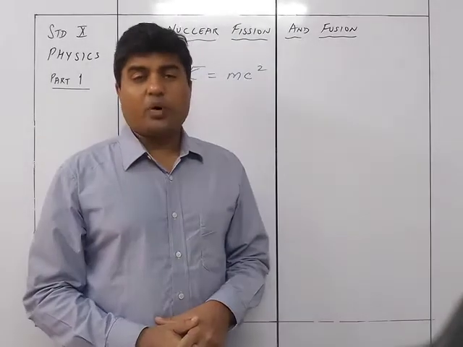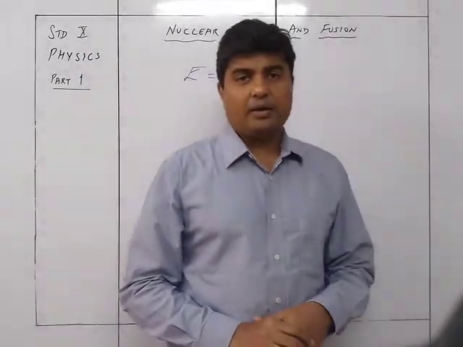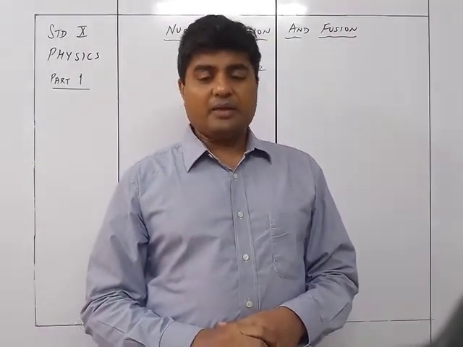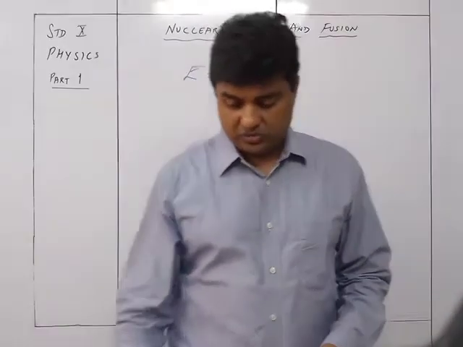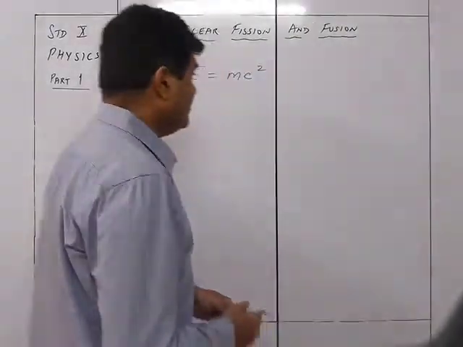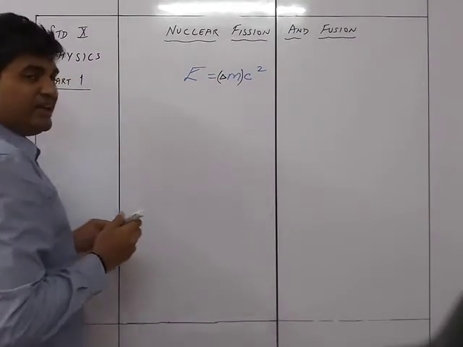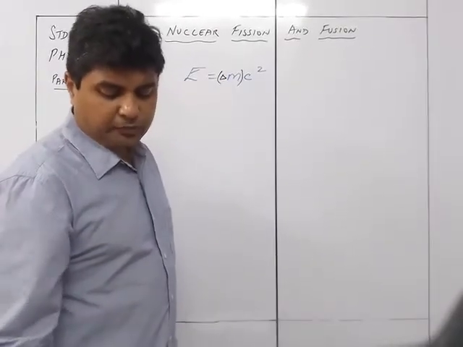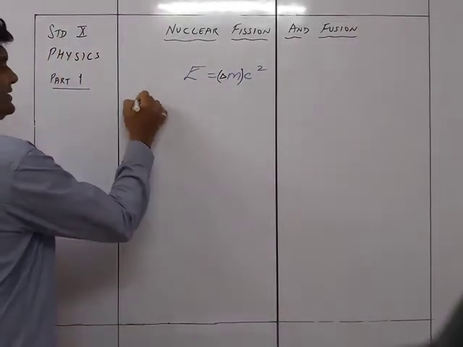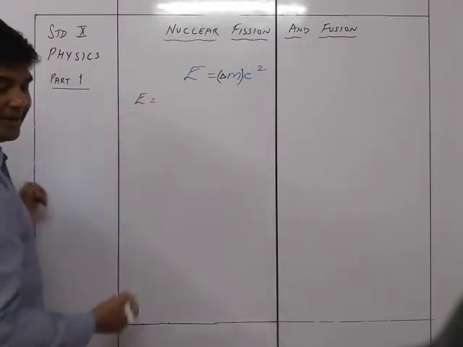So let's see what is the energy given out by a body when there is a loss of mass of 1 kg. It's very simple. Here I'm going to say delta because this is the change in mass. We know that E is equal to delta m c square.